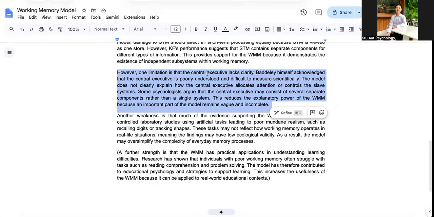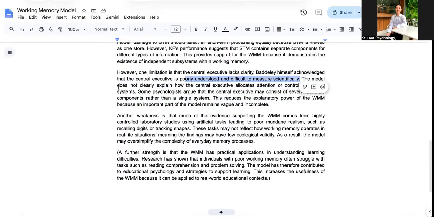But in this model answer, I'm just showing how to explain something which is an abstract concept, to make it very clear, to make it ideal for this paragraph to gain full marks. So apart from saying it's poorly understood, difficult to measure scientifically, it's not repeating the sentence that was already written. Think about how you would put this in other words. What is meant by poorly understood or not measured scientifically?